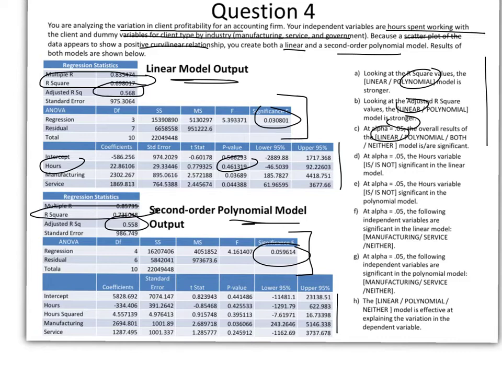It's not less than 0.05, so therefore the hours variable is not significant. Then we have the same question in part E, but looking at the polynomial model. Again, we're looking at hours, and the probability of that is 0.42. So we would also say that hours is not a significant independent variable in the polynomial model as well as the linear model, because neither is less than 0.05.